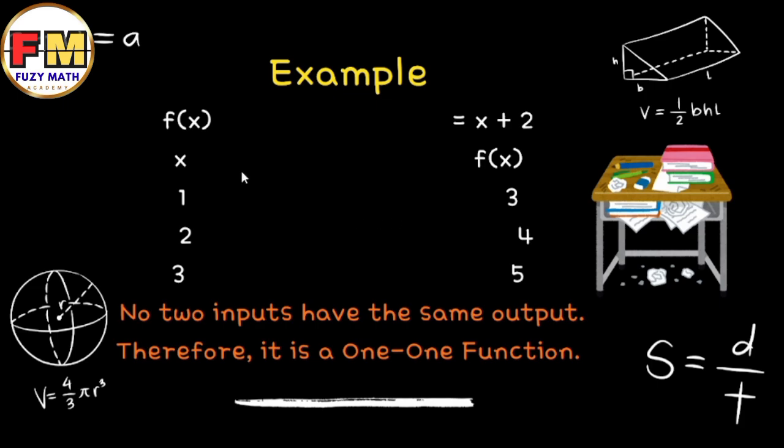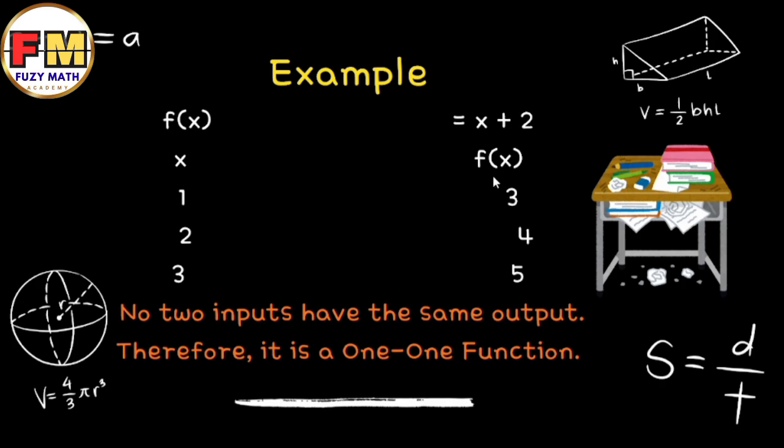Example: f(x) is equal to x plus 2. We will draw a table for x and f(x). Put the value of x as 1. f(x), that is equal to x plus 2, will be 3. Take the value of x as 2.